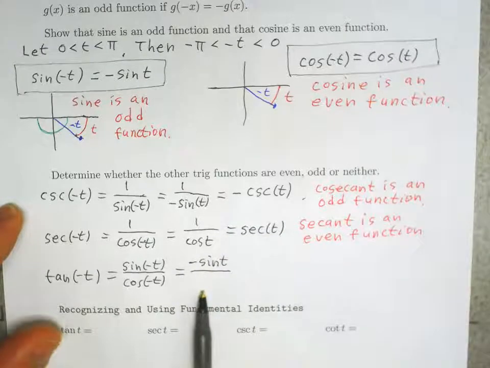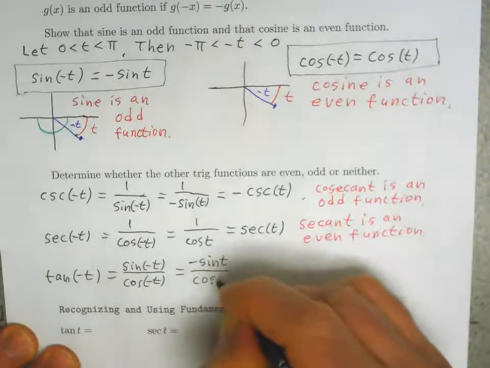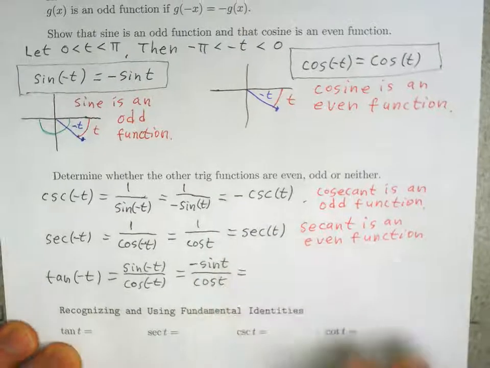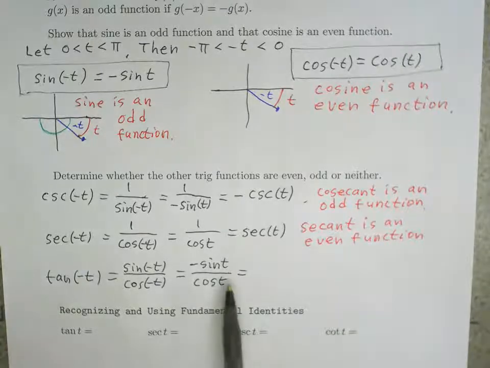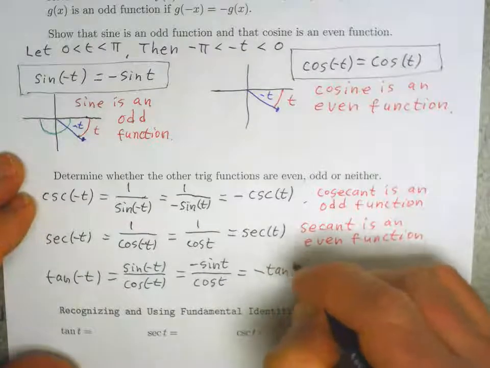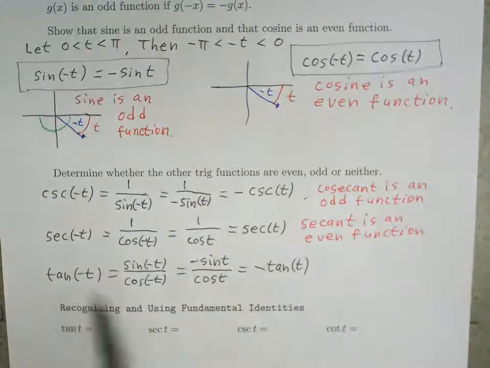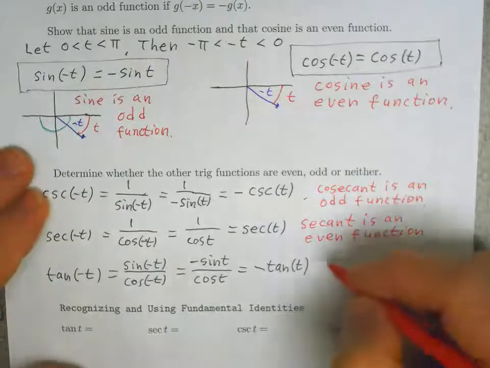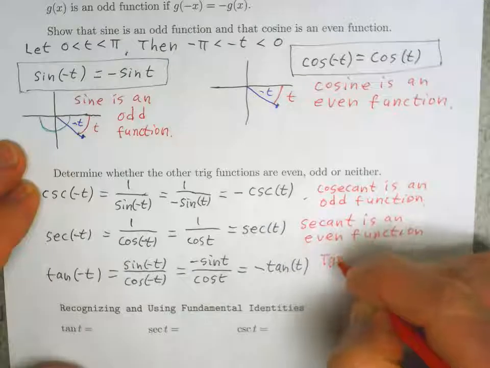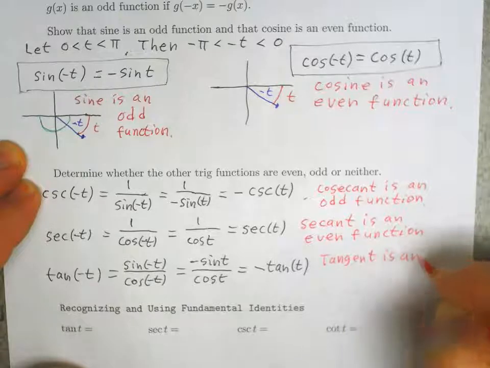And in the denominator, cosine of negative t is cosine of t. And the negative sine of t over cosine of t is negative tangent of t. So since tangent of negative t equals the negative of tangent of t, that means tangent is an odd function. So tangent is an odd function.